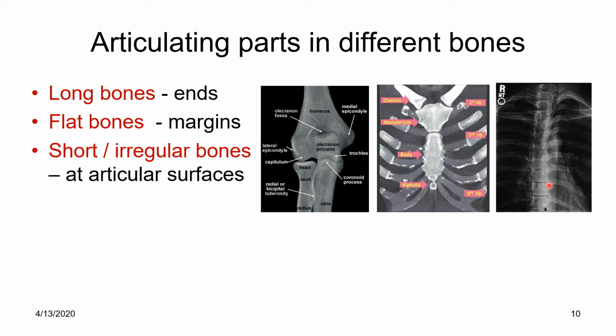The articular surfaces are the places you can see in relation with the vertebral column. The articular surfaces of the bodies of the vertebrae are joined in relation with the intervertebral discs.